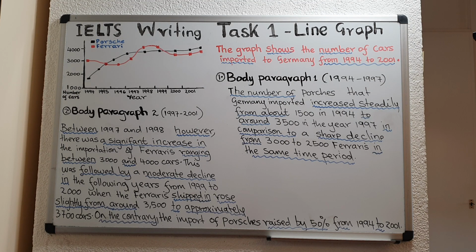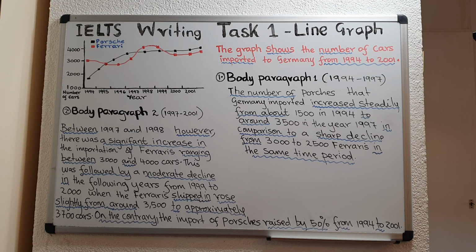Steadily means it was going up and up at the same rate. It means it was increasing steadily, from about 1,500 in 1994 to around 3,500 in the year 1997. So that is the side of the Porsches.